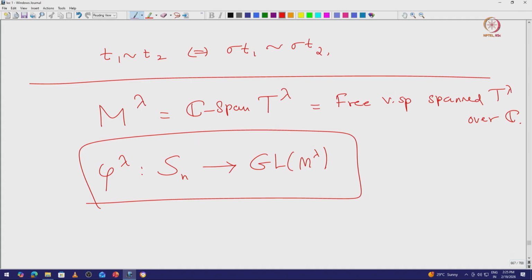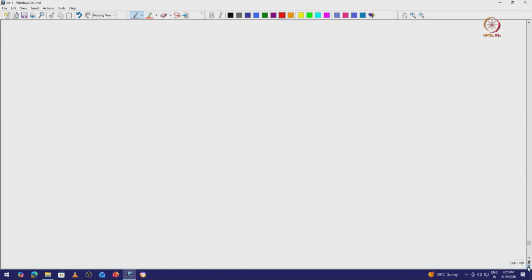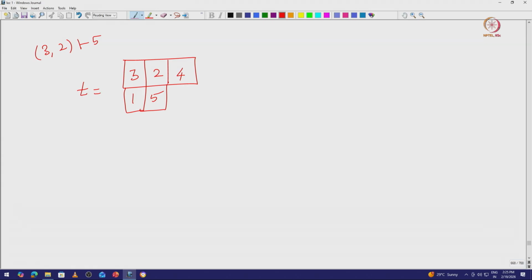Recall the way this acts; let us do an example. Let us look at lambda equal to 3, 2, which is a partition of 5. Take the tableau with first row 3, 2, 4 and second row 1, 5.